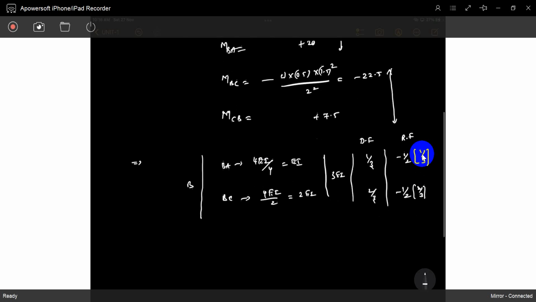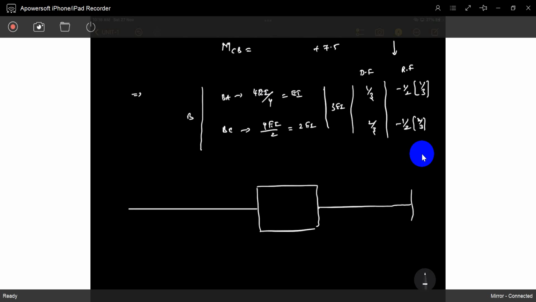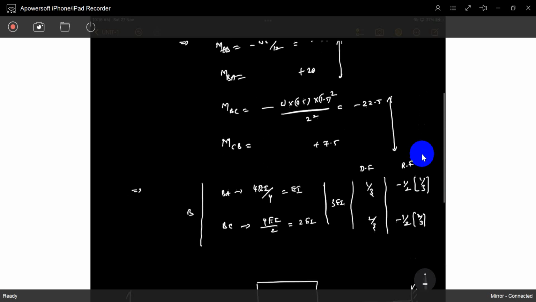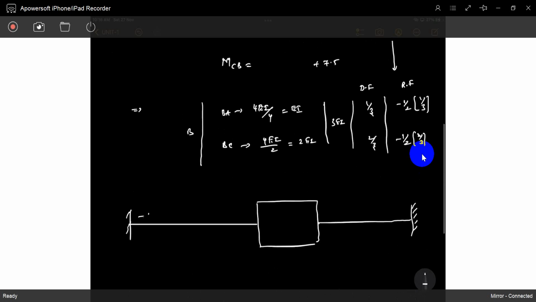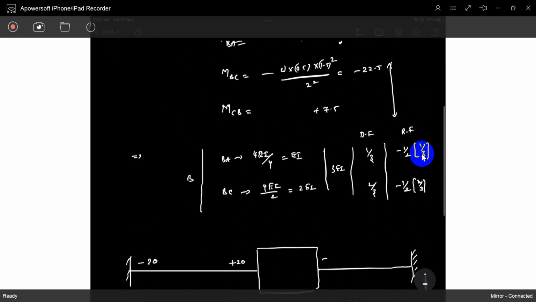Okay, now you can observe what those values are. Minus 20, plus 20, minus 22.5, plus 7.5.